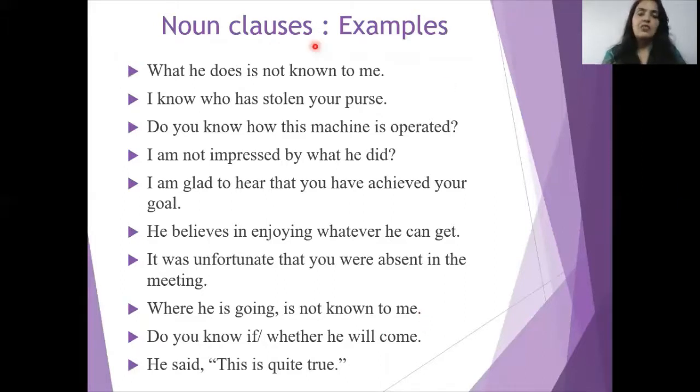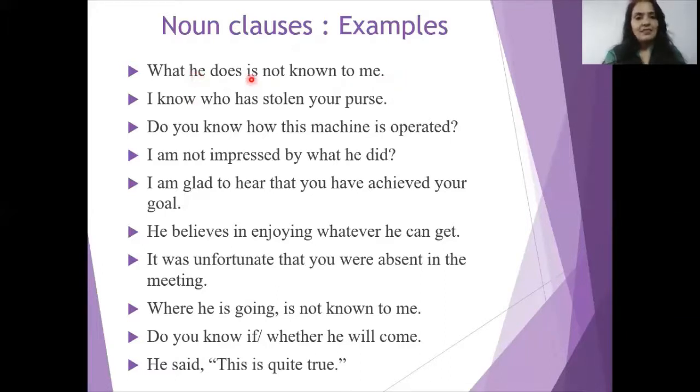We can try to understand by asking the question using what. What he does is not known to me. This example is in front of you. If we divide this sentence into two parts, how will it be?